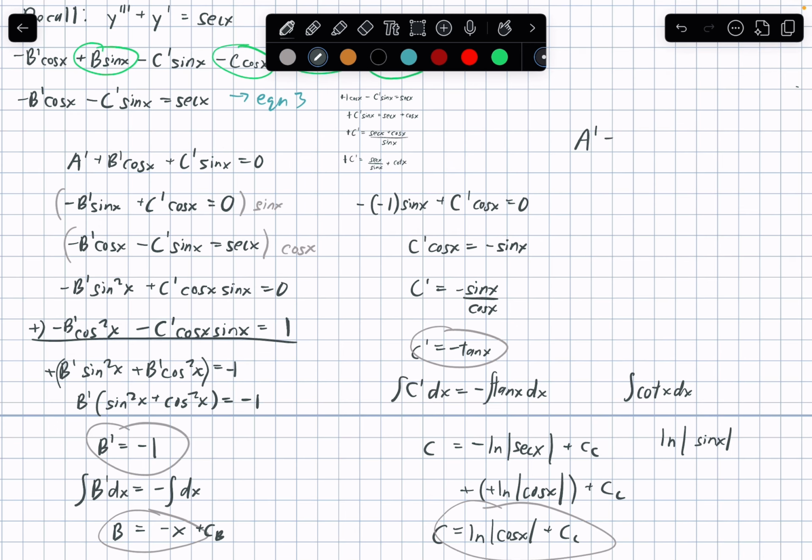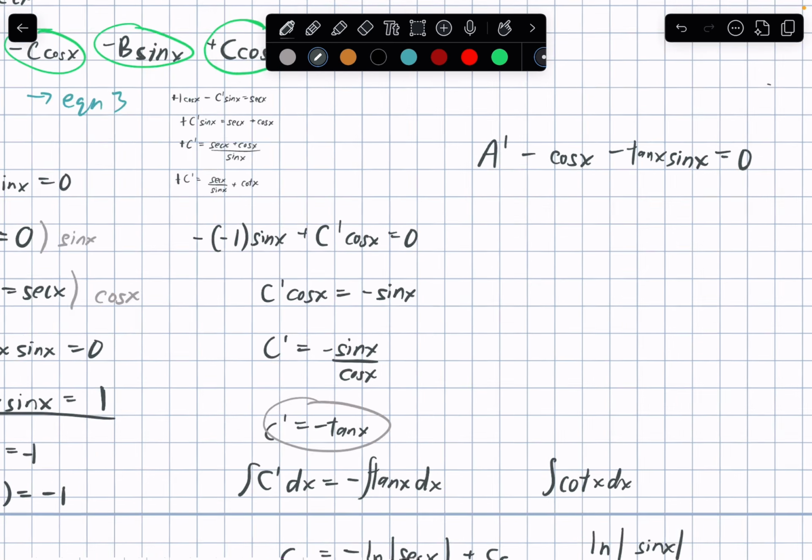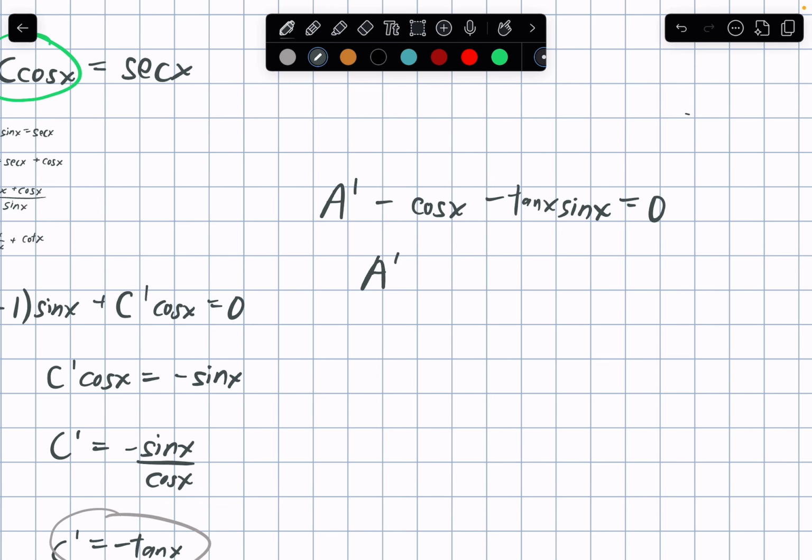Again, B prime is negative 1, or just negative cosine x, and then plus negative tangent x times sine x equal to 0. It's this one, no? Okay. Simplify.